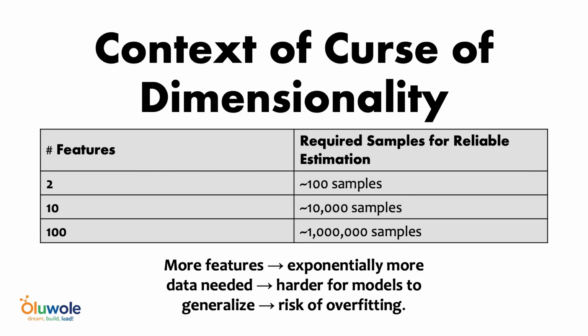How do you want to generalize 100 features, sir? It's very unrealistic. So with more features, exponentially more data is needed. And that's why when we get into deep learning, I enjoy deep learning. Images.